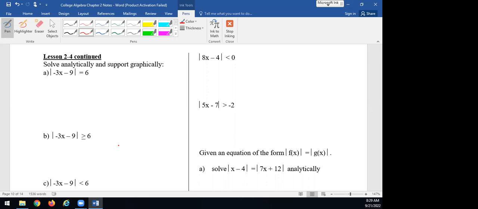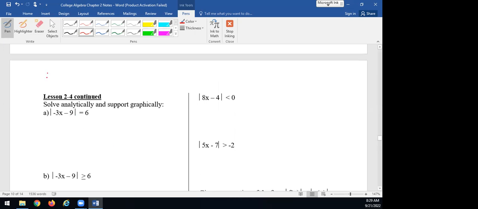Now, remember earlier I told you that when you solve an absolute value equation, there are 2 possibilities. So let me remind you. If we have the absolute value of x is equal to 3, it means that x can be +3 or x can be -3. Always remember that there are 2 possibilities.